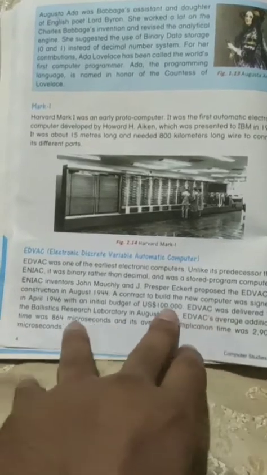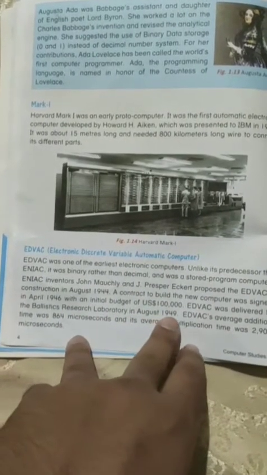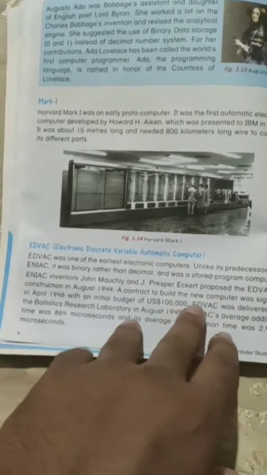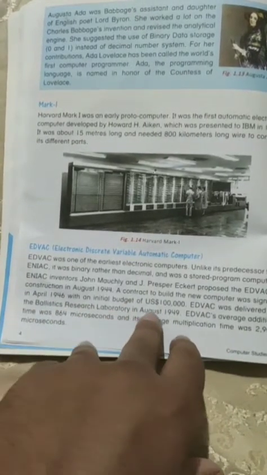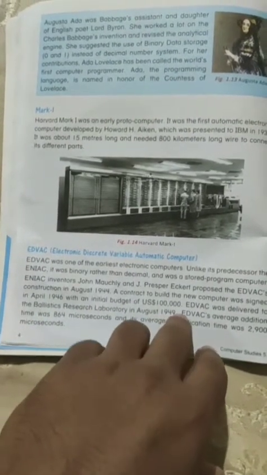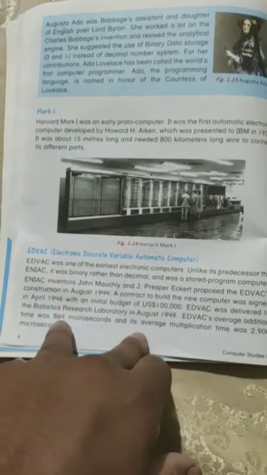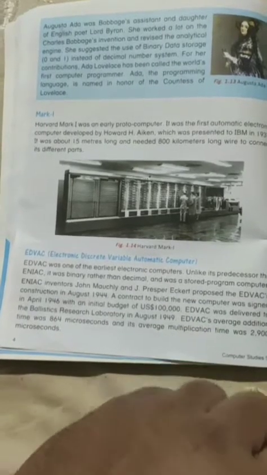EDVAC was delivered to the Ballistic Research Laboratory in August 1949. After 1946, they started preparing EDVAC, and after preparing it, they delivered this computer to the Ballistic Research Laboratory in August 1949. EDVAC's average addition time was 864 microseconds. EDVAC can add numbers, huge numbers also.